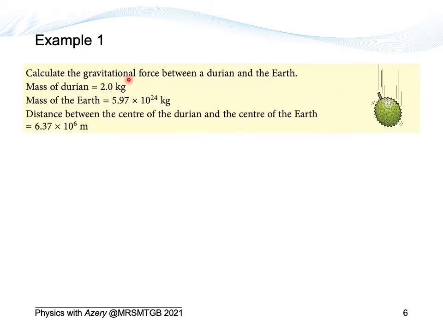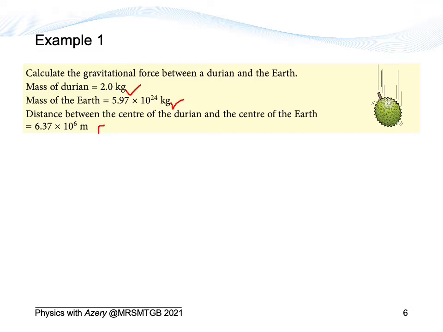So the question asks to calculate the gravitational force between a durian and the earth. Here we have the mass of the durian and the mass of the earth. Let's say the mass of the durian is m1 and the mass of the earth is m2. We also have the distance between the center of the durian and the center of the earth. This is r.